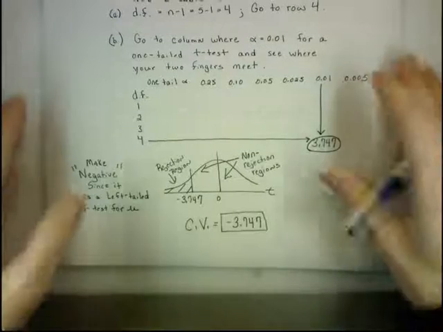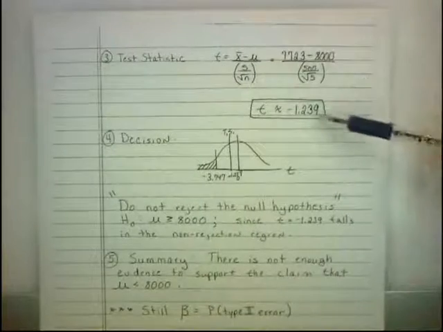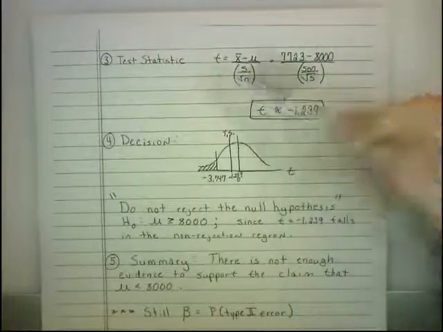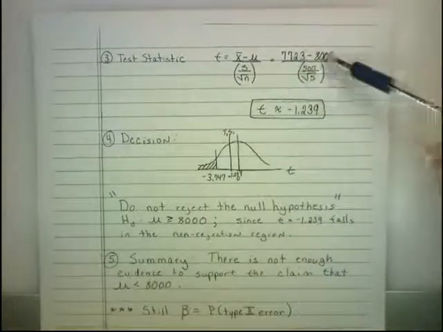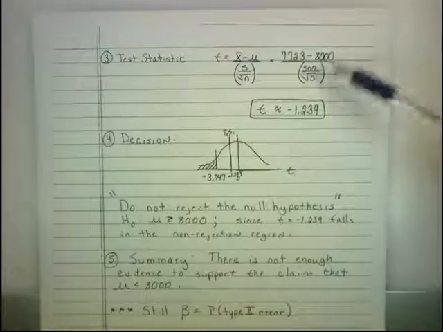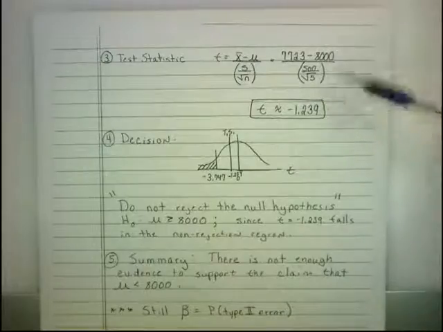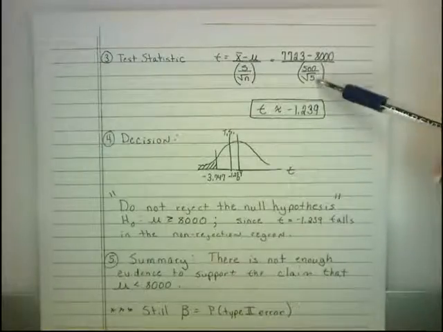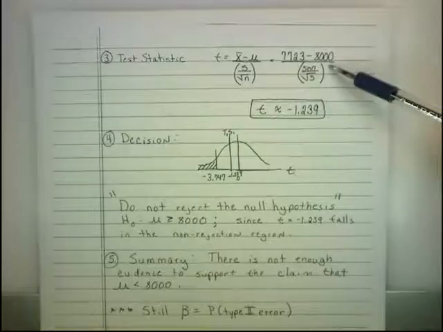The next step is the test statistic, and that's t this time, and you round to 3 places because it is a t. It's 7723 minus my claim of 8,000 divided by 500 over the square root of 5. The sample standard deviation was 500, sample size 5, claim 8,000.